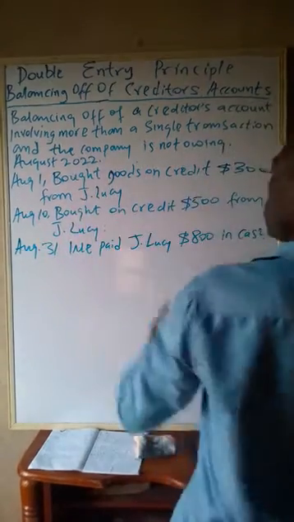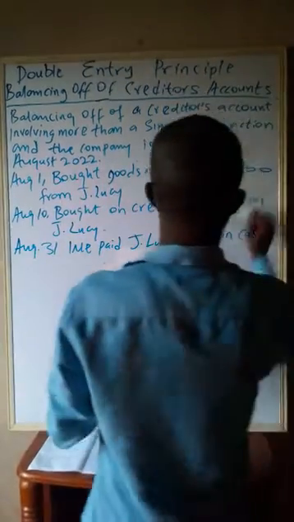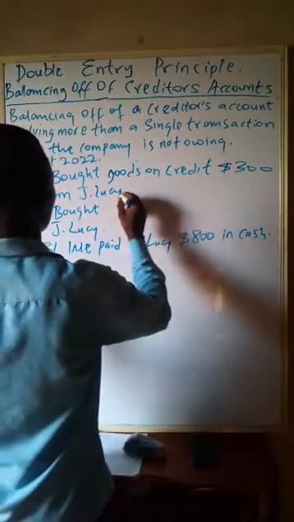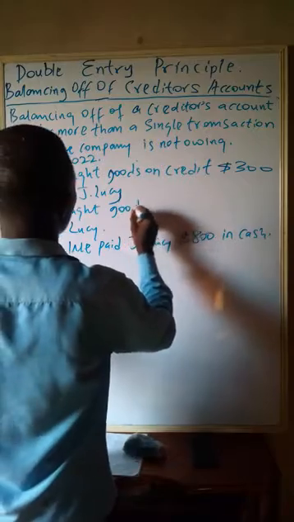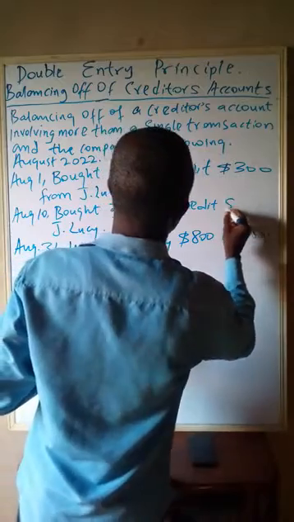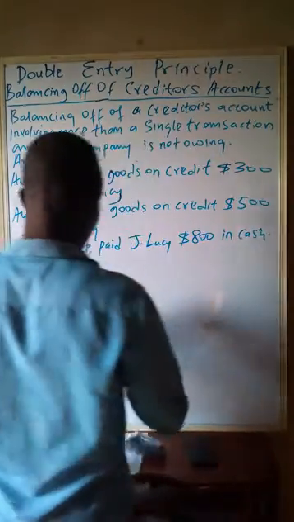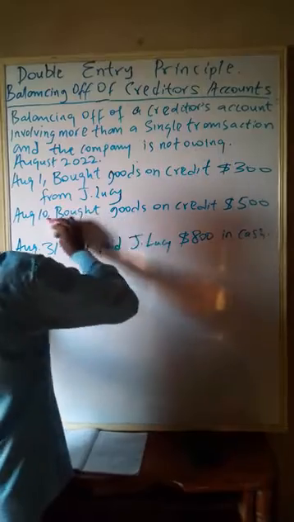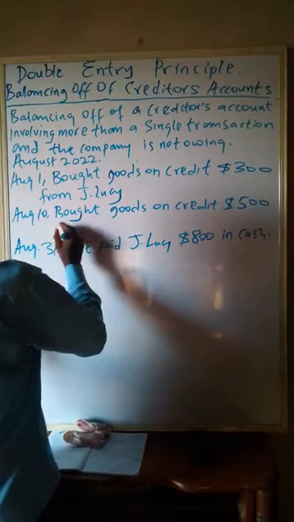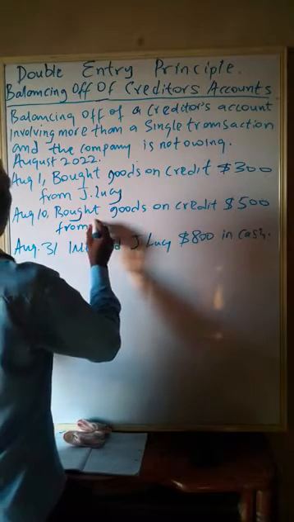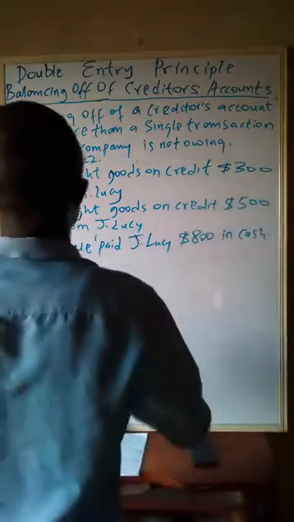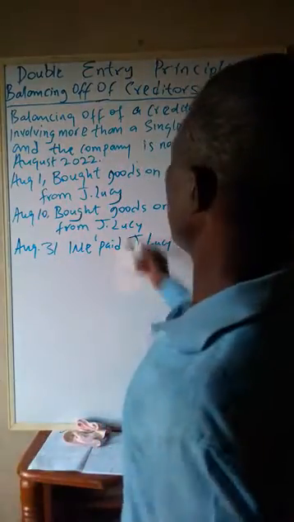August 10, bought goods on credit, $500 from J. Lucy.